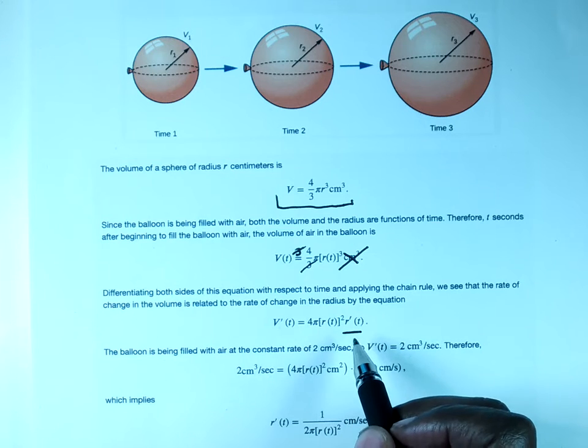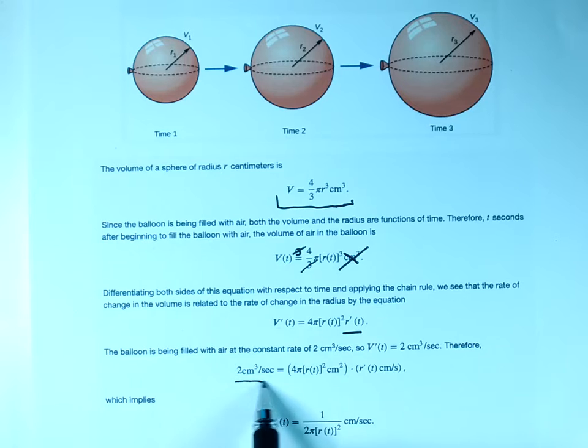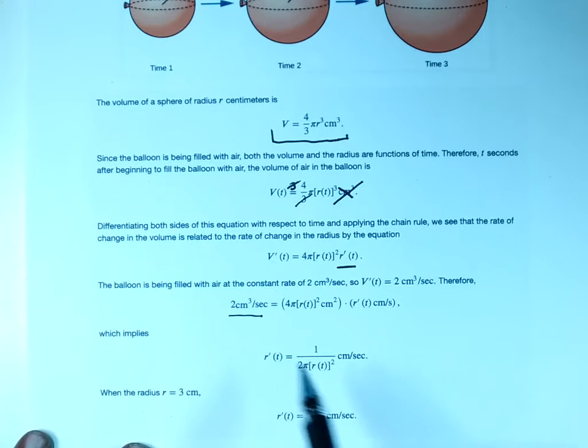We know that V prime of t was given to us as 2 cubic centimeters per second. And then we know we have the 4 pi. R of t is what we're trying to find, and we know that's centimeters squared. R prime of t. And they solve this for r prime of t by dividing everything out and simplifying it and then plugging it in.